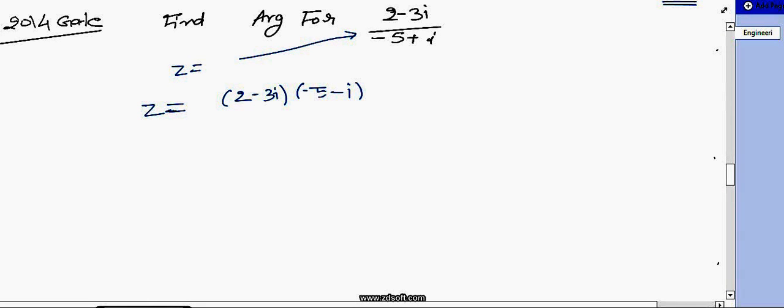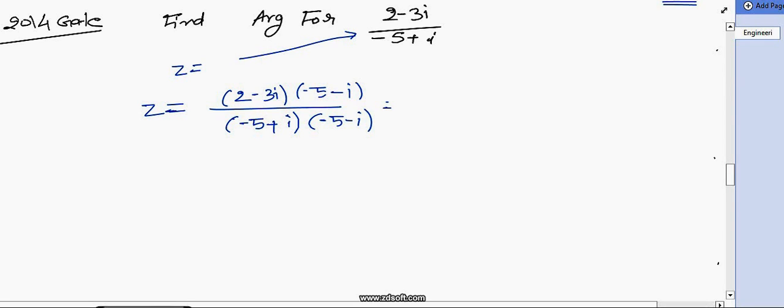Again, this is a very simple one, and we proceed in the same manner. z is equal to 2 minus 3i into minus 5 minus i, divided by minus 5 plus i into minus 5 minus i.